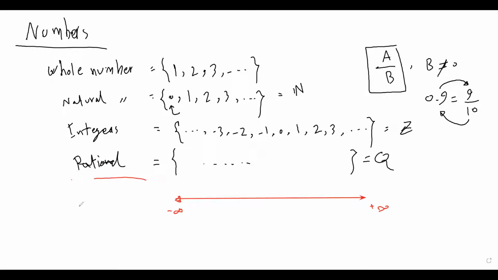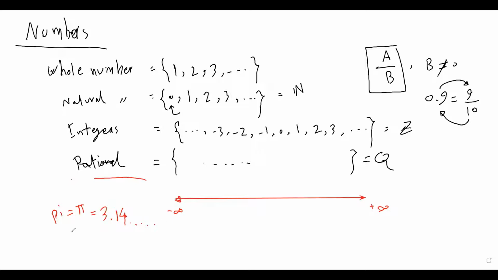For example, pi, right? Maybe that's the first number that went through your mind. Pi, which is a very famous number, cannot be written as a fraction. The reason is that the digits after the decimal point don't really follow a certain pattern, right? There is no pattern in it, so therefore we call it irrational.